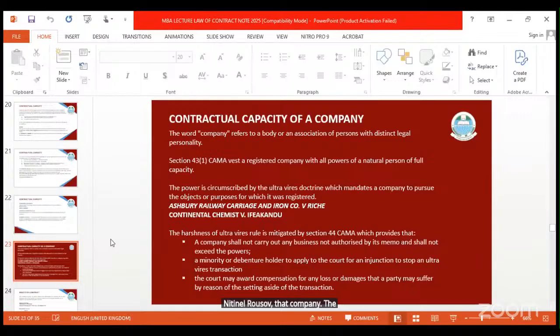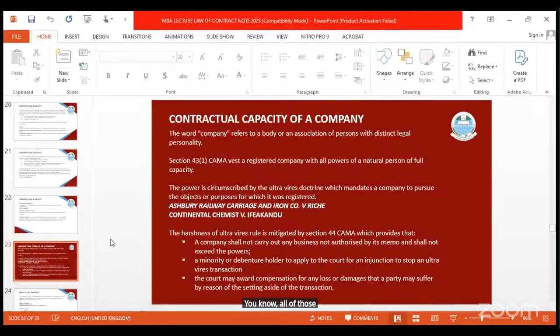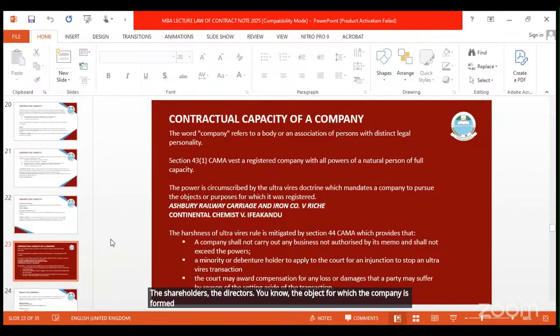The memorandum contains external rules, while the articles of association contain internal rules: meetings, quorum, sharing of dividends, how to change some situations, discipline, reporting, all of those internally. The memorandum will contain external things, such as the address of the company, the shareholders, the directors, and the object for which the company is formed, so that any third party dealing with the company should know the kind of thing they are dealing with.